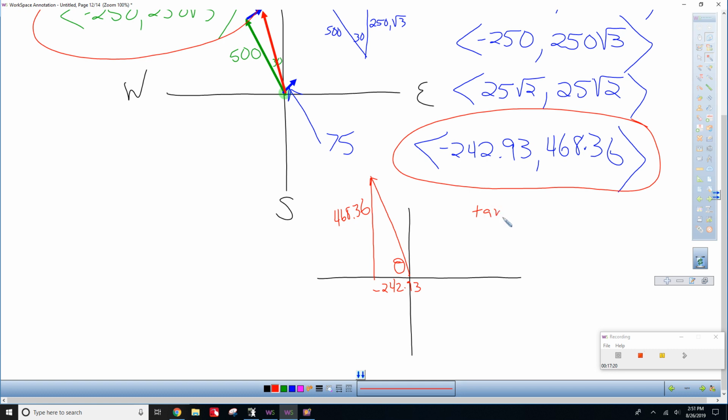Tangent inverse of 468.36 divided by negative 242.93.